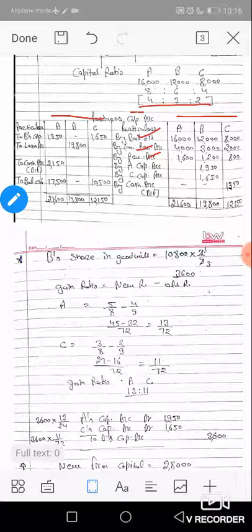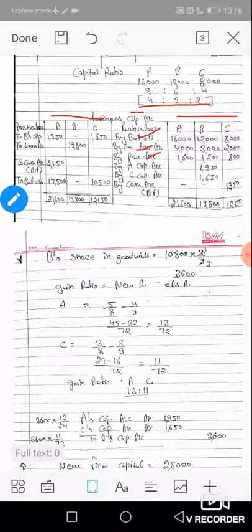We know that the remaining partners transfer the amount of goodwill to the retiring partner's capital account. Retiring partner's goodwill is debited to remaining partners' capital account in their gaining ratio. Retiring partner is credited for goodwill and remaining partners are debited for goodwill.